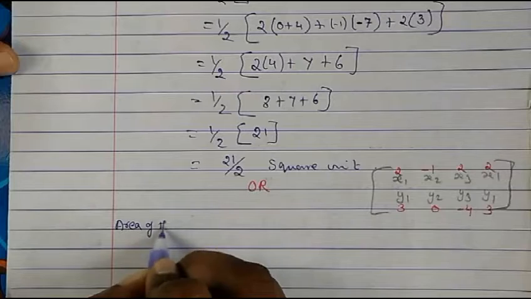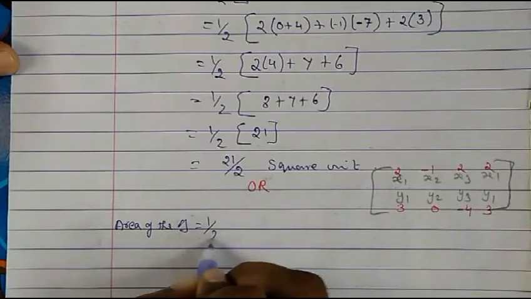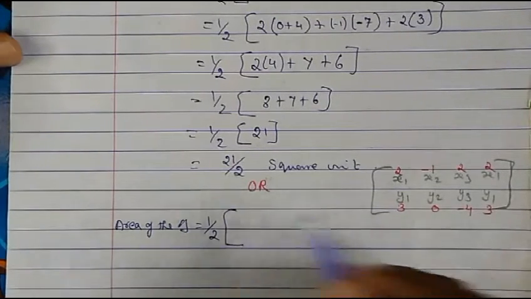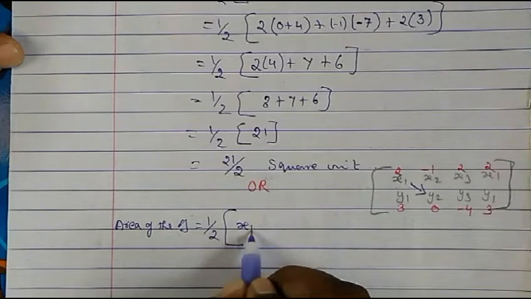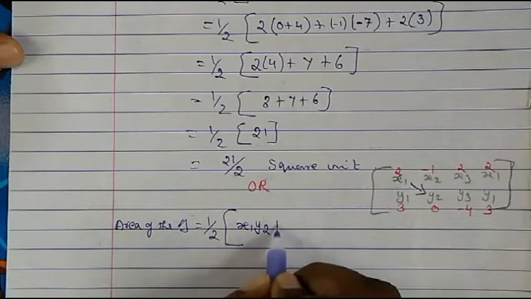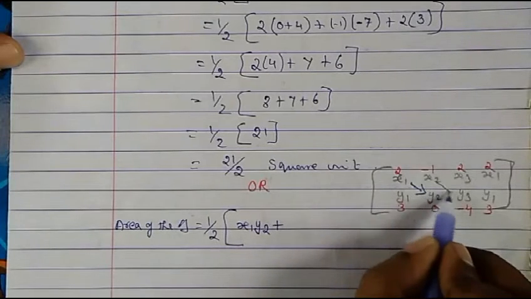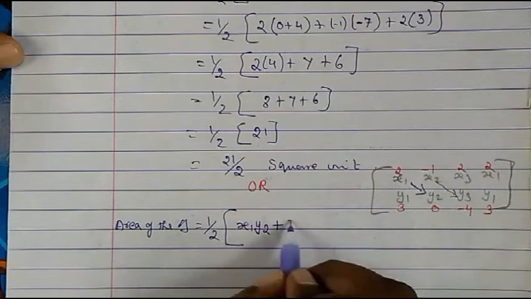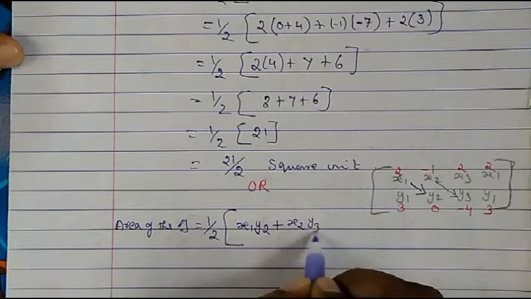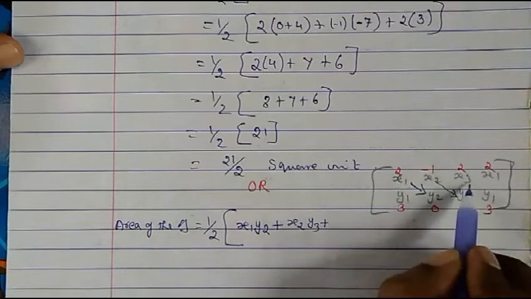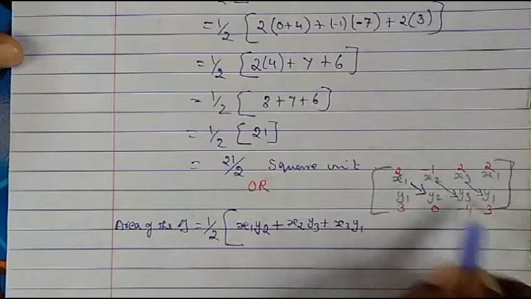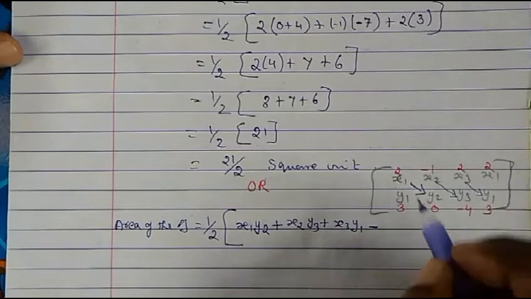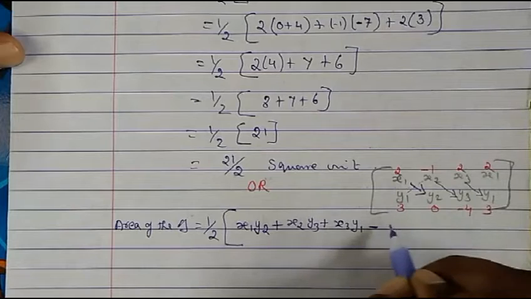And how to write the formula I'll show you. Area of the triangle equal to half. First this direction, that is x1 y2 plus this direction, that is x2 y3 plus this is x3 y1.